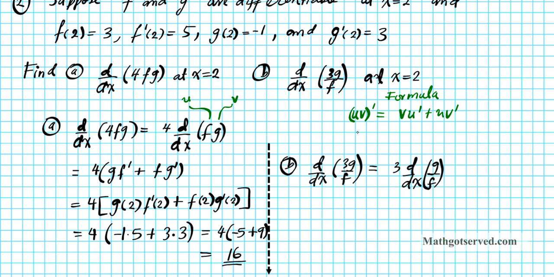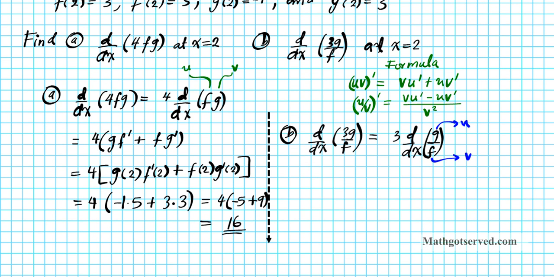Okay, so remember what your quotient rule is. (u/v)' is equal to (vu' minus uv') divided by v squared. Okay, in this case, g is your u, and f is our v.